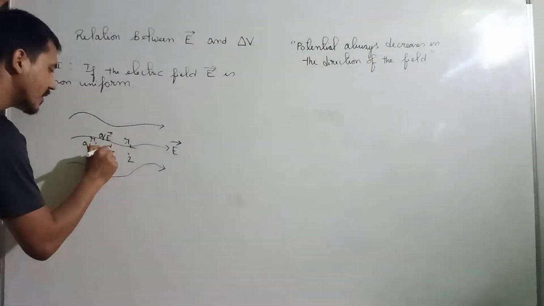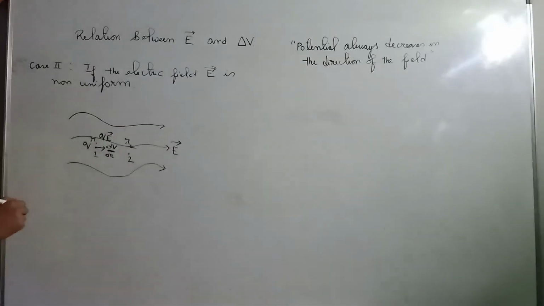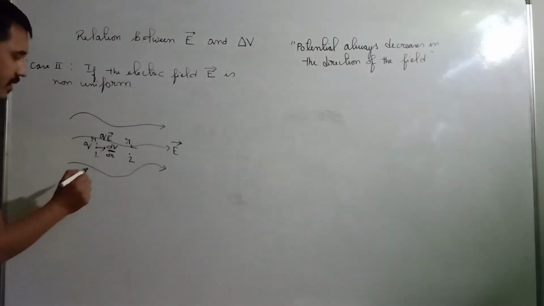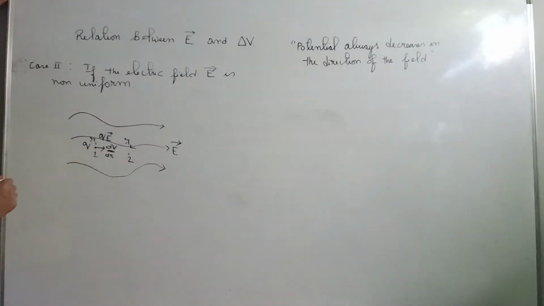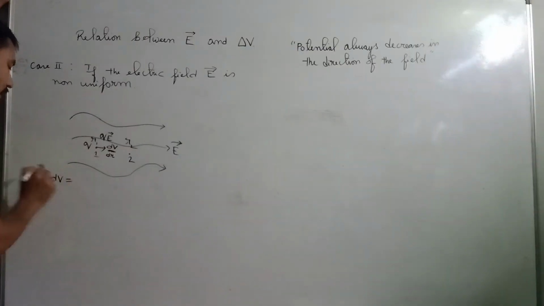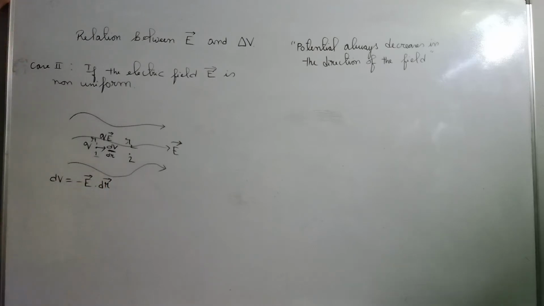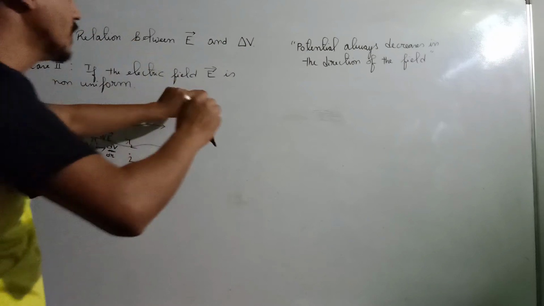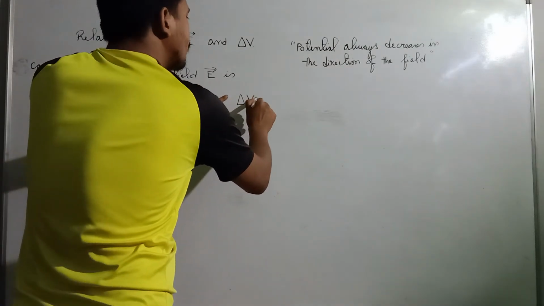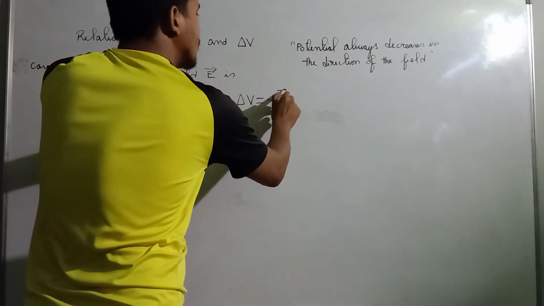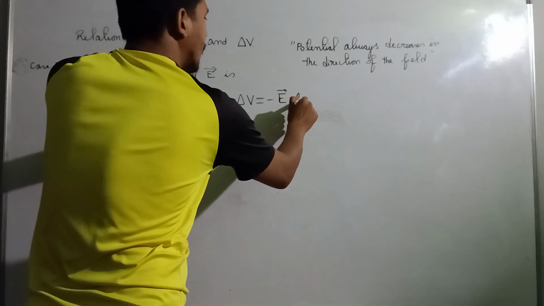Let's say that dV is the small potential difference across this distance. Is it okay? Then dV will be given by, according to the previous relation, minus E dot dr. In the first case, if the field is uniform, then we derived that del V is equal to minus E dot del R, right?